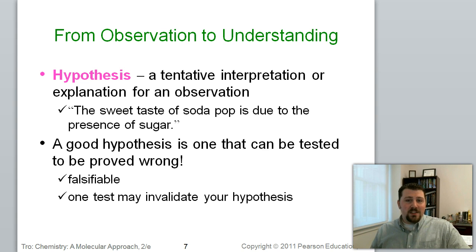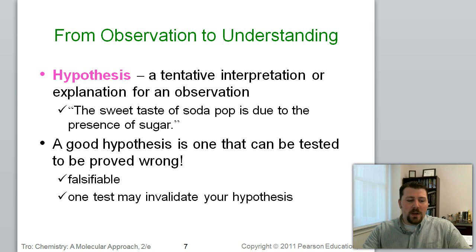So a good hypothesis, of course, is one that can be tested, or you can do more observations to try to show if your hypothesis holds. And it can be proved wrong. It needs to have the ability to be proved wrong. Otherwise, you're making statements that science can't say anything about. So your hypothesis needs to be falsifiable so that someone can perform an experiment or make an observation to invalidate your hypothesis.